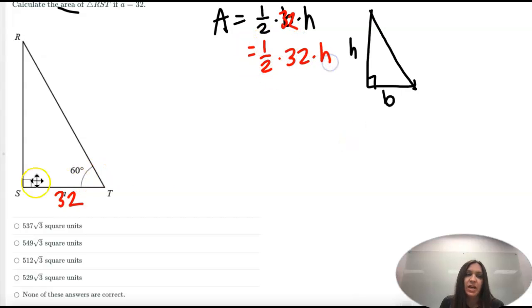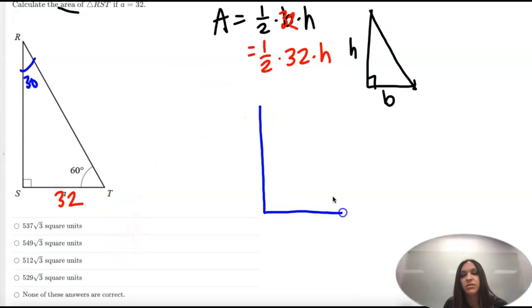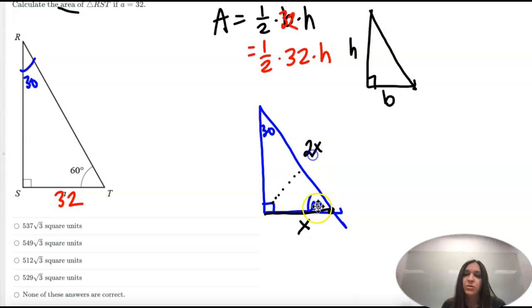Now we need to find the height. And we're going to use the fact that this is a 30, 60, 90 triangle. Okay, so I'm going to write the general triangle so you can see where everything's coming from. Remember, short side out to the 60-degree angle, we're going to call X. And then the hypotenuse we double, that'd be 2X.